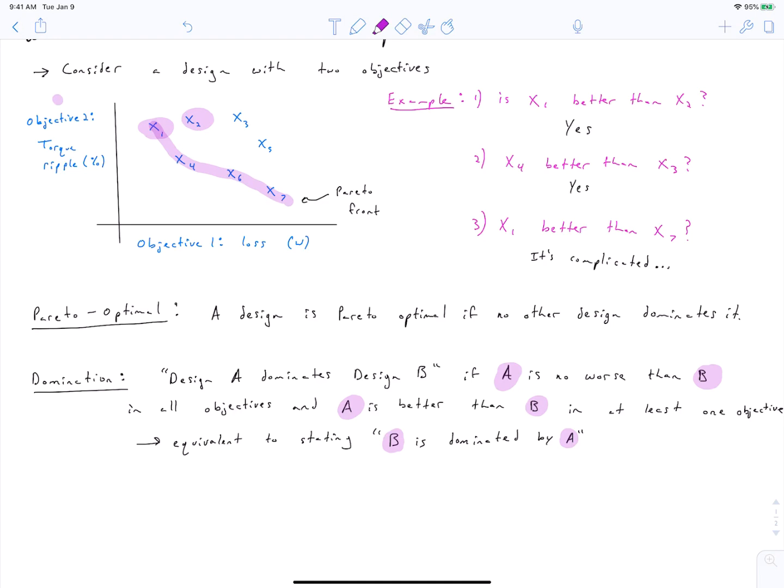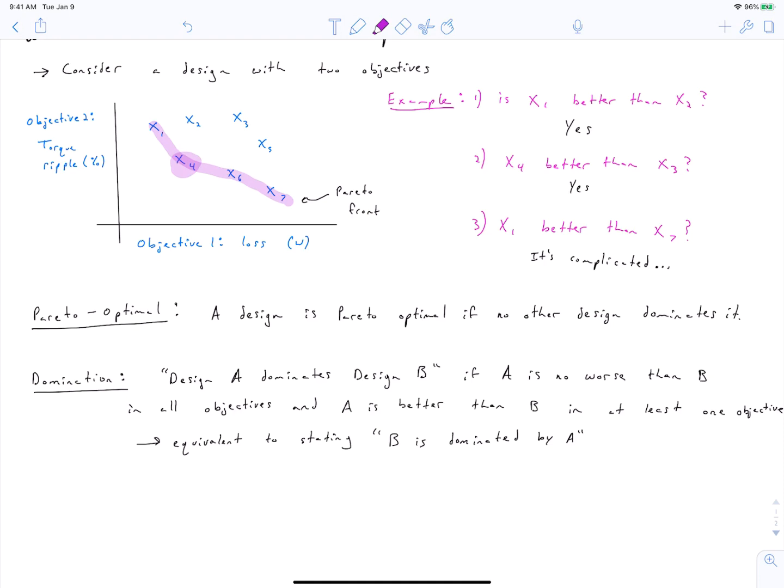So if we look at our plot up here, we can see clearly that X1 is no worse than X2 in all objectives. It's no worse in torque ripple and no worse in loss. And it actually improves in both objectives, torque ripple and loss. So we can say that X1 clearly dominates X2.